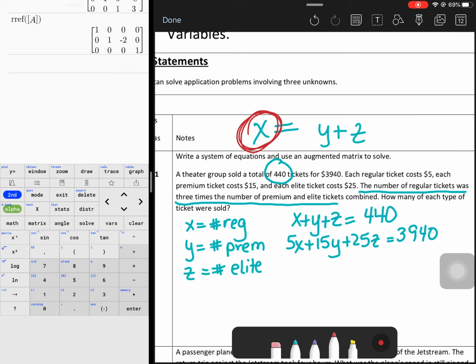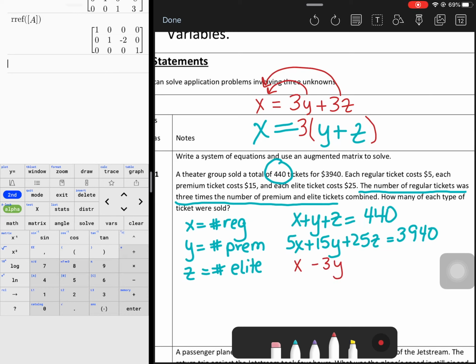So in order to make them equal to one another, we need to multiply this side by 3 so that we can make them the same. So we'll distribute that 3. And then we need to bring both of these to the other side by doing inverse operations so we get our variables to line up. So it will be X minus 3Y minus 3Z equals 0.